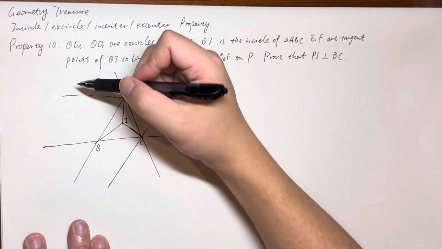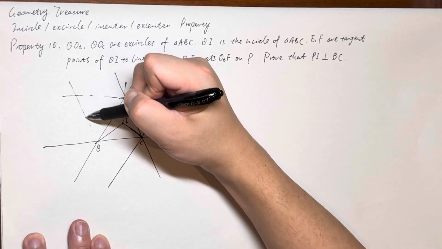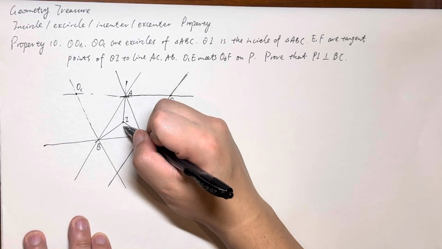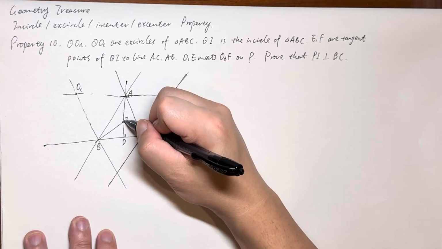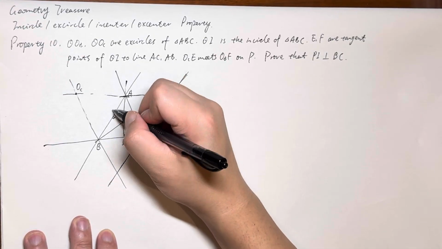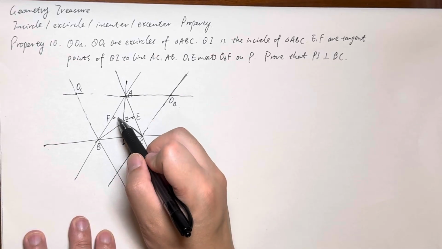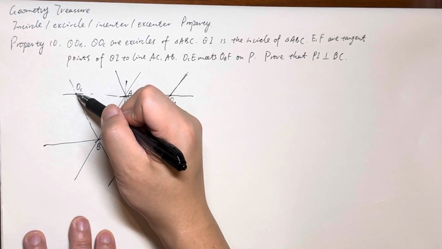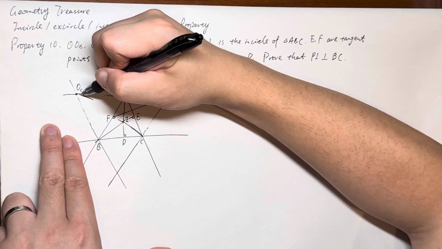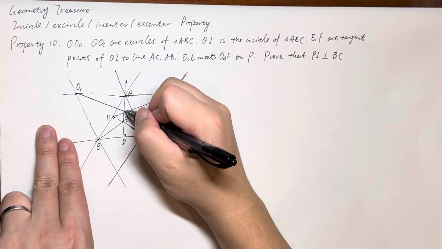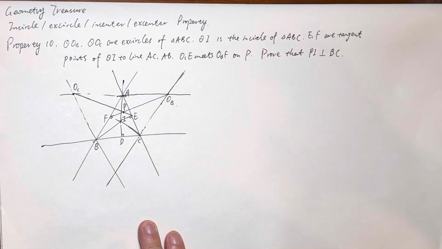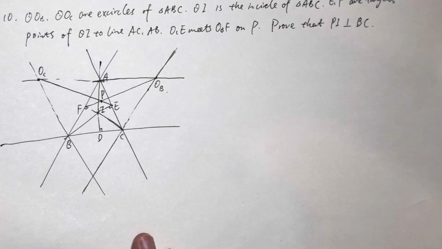This is OB and this is OC. So we have OB here, we have OC here, and we want to find the foot as E and F. And then we know that OBF and OCE meet on this point, call it P. This is not an accurate figure, but it's perfect because it won't distract us.